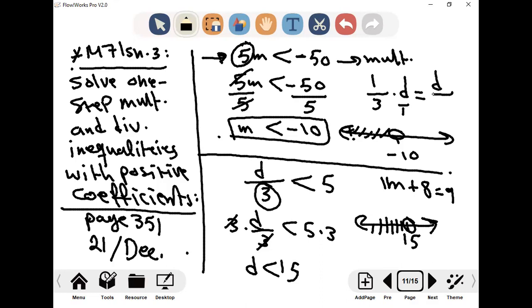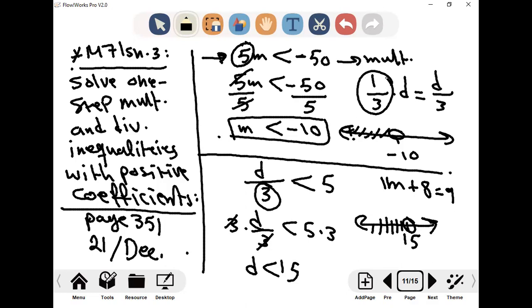Over 3 multiply 1, 3. Right? So when I say 1 over 3 multiply d, it is the same as d over 3. So what's the coefficient? Got it? So if we have multiplication, divide by the coefficient. If you have division, multiply by the divisor. But the coefficient, if you have division, is 1 over the number.